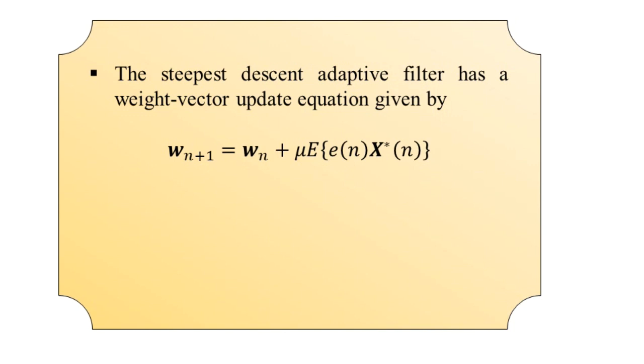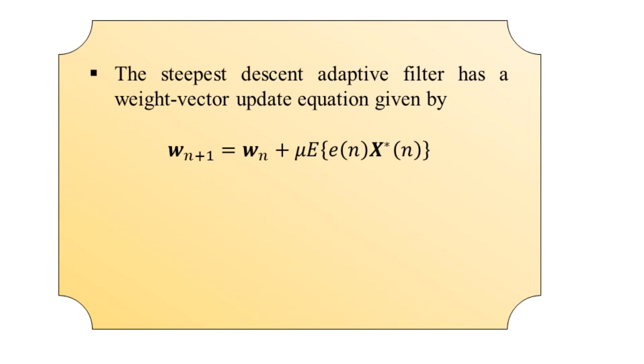Now, the second term of the RHS is mu, the step size that we discussed in the previous video, multiplied by the expected value of the product of the error signal e of n with the complex conjugate of x of n.